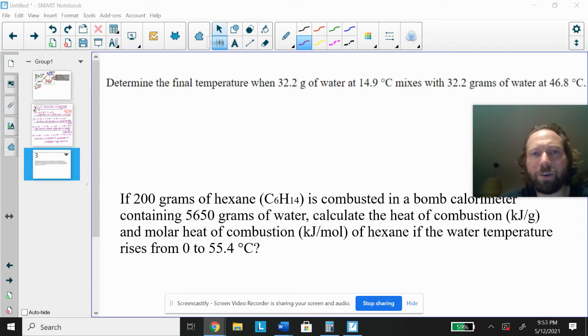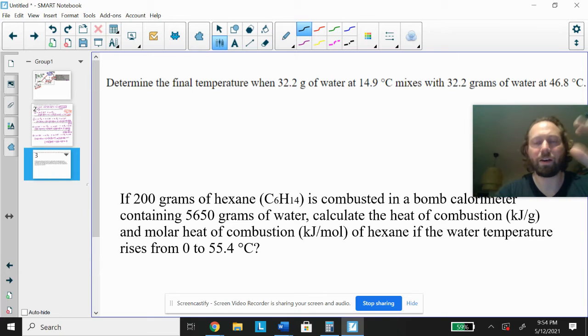All right, so the first one is this example that we did in our homework assignment a little while back. We had two different samples of water with different masses and different temperatures to start out with, and then we mixed them together. When we do this type of problem, we assume that all of the energy released by the warmer substance is going to be absorbed by the cooler substance.